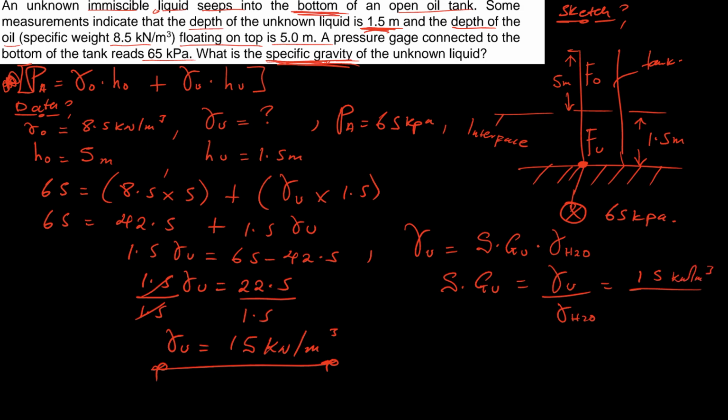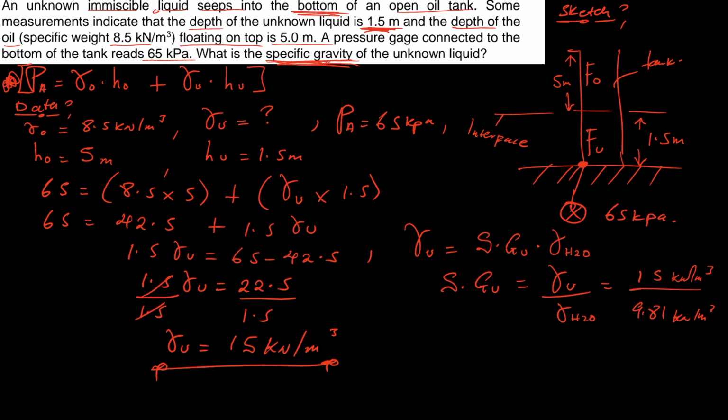We divide this by 9.81 kilonewtons per meter cubed. I know if you are using newtons, you would have used 9810, but now we're using kilonewtons, so we just say 9.81.